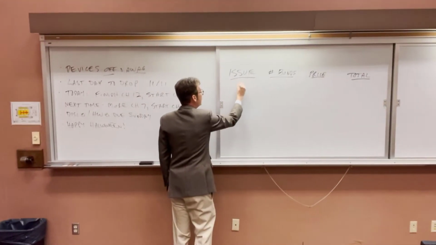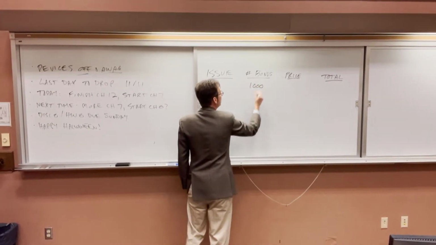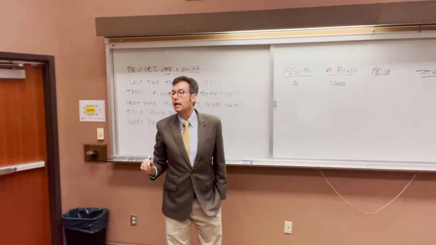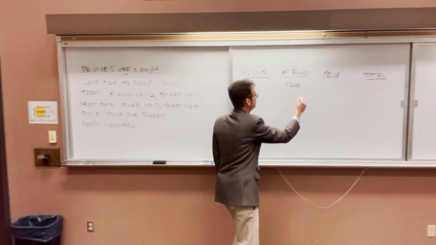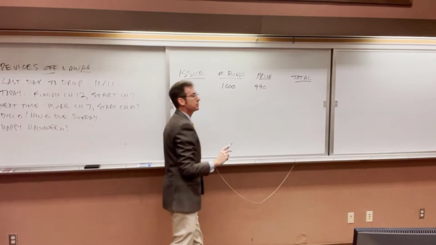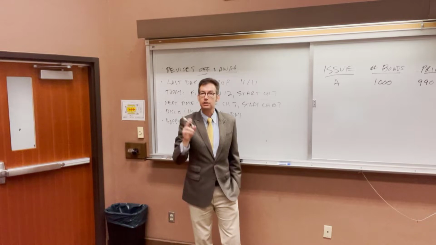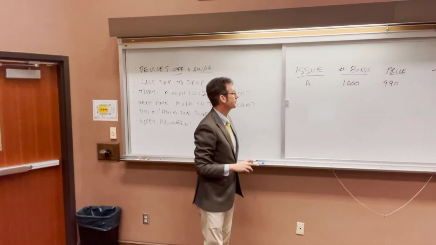Okay, so issue A has 1,000 bonds, and it is currently priced at $990. By the way, is that a discount bond or a premium bond? Yeah, it's a discount bond because it's selling for less than face value.